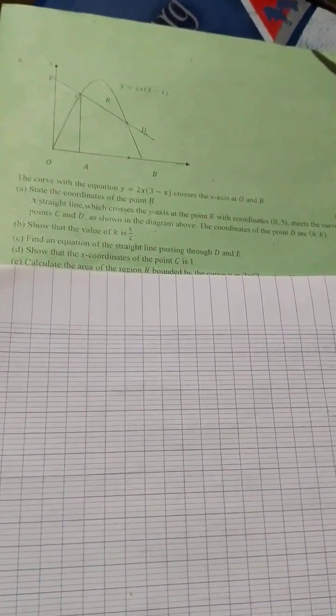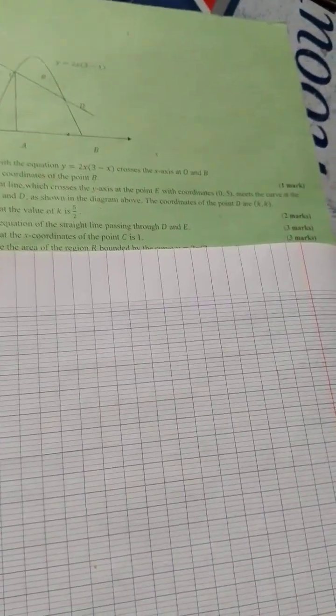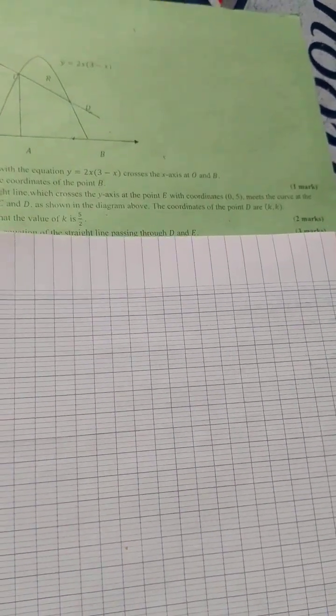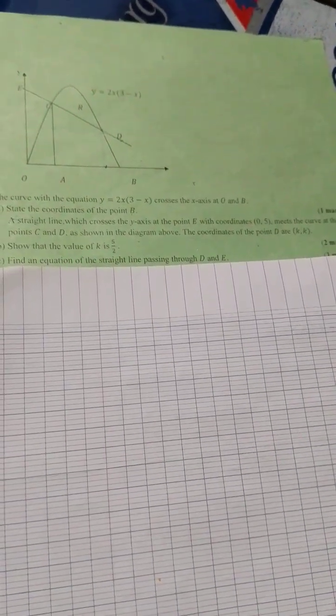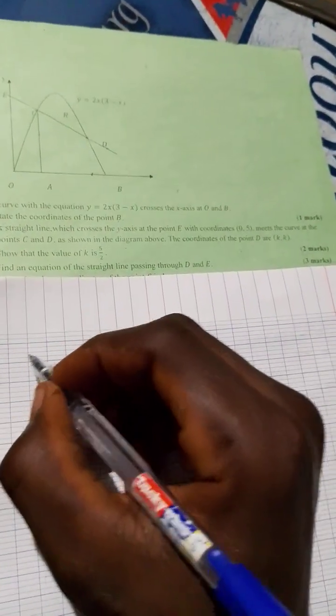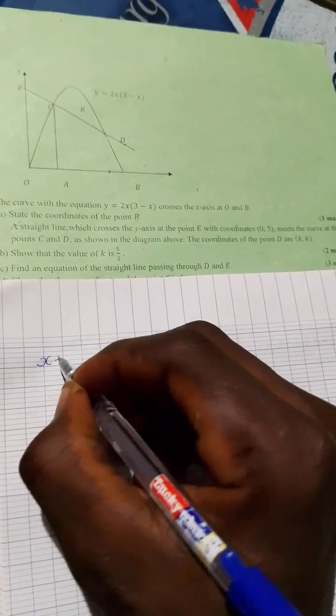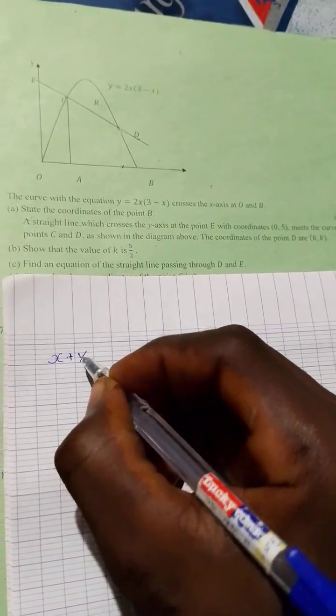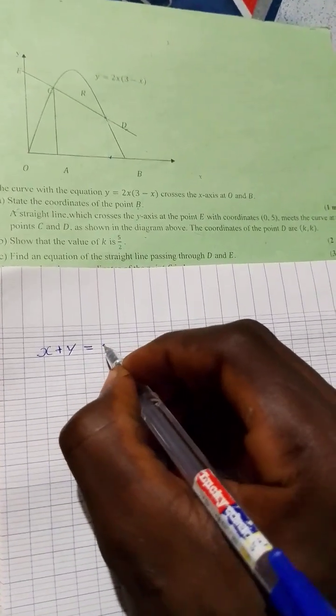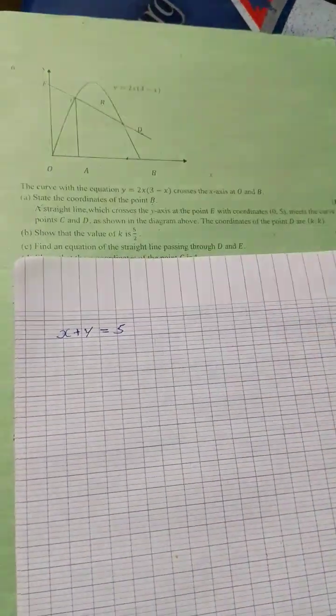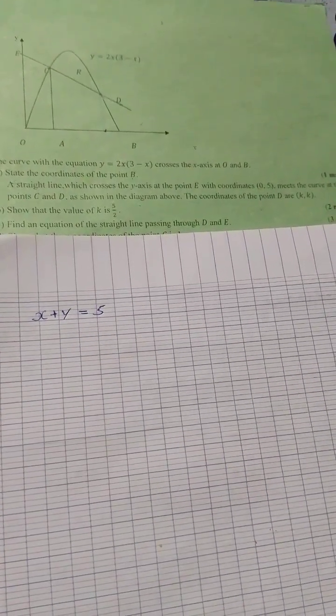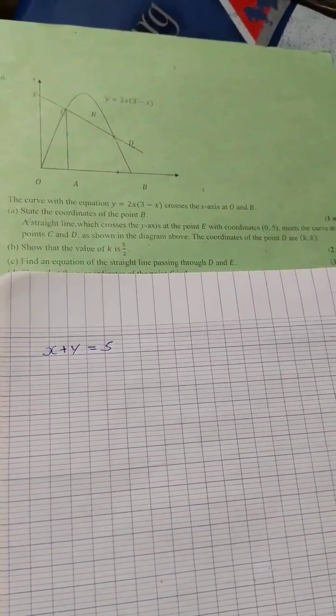Now in our previous video, we saw that the equation of the line was given to be x plus y equals 5. That's the answer we had for the equation of the line passing through ED.